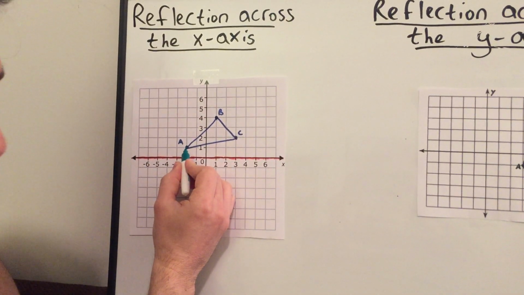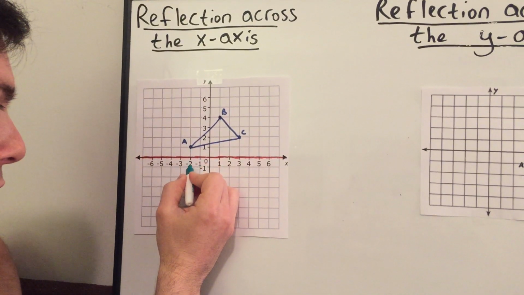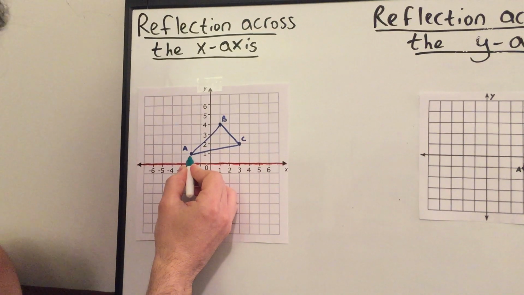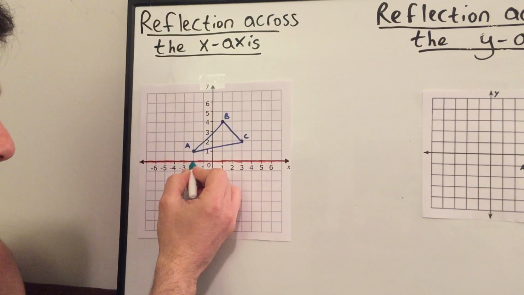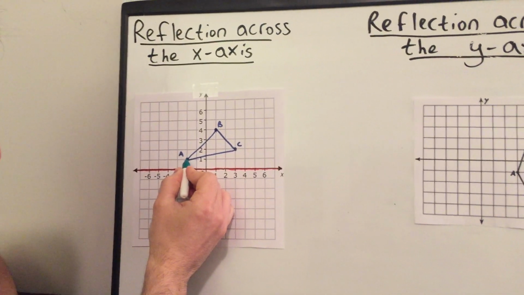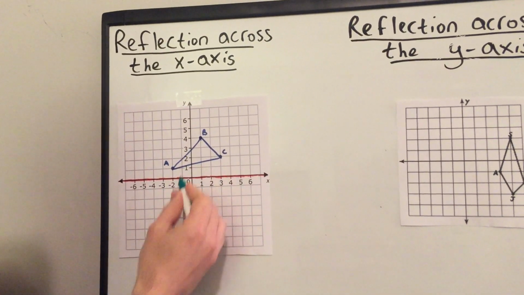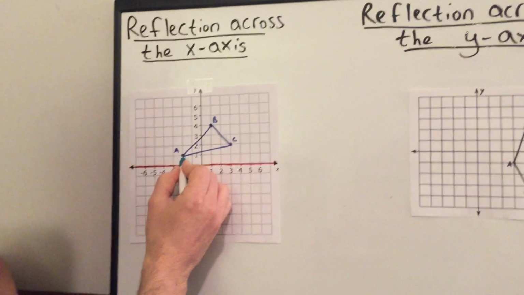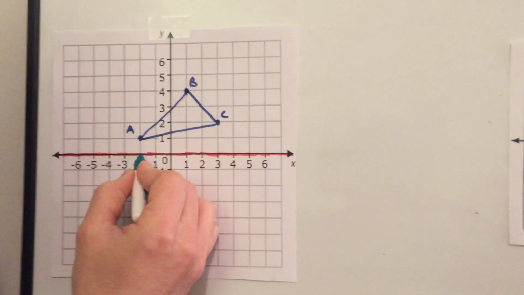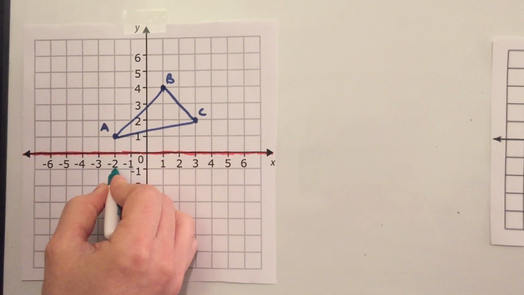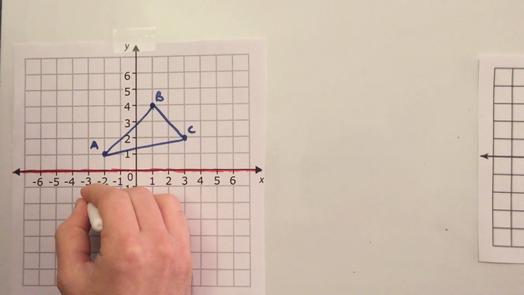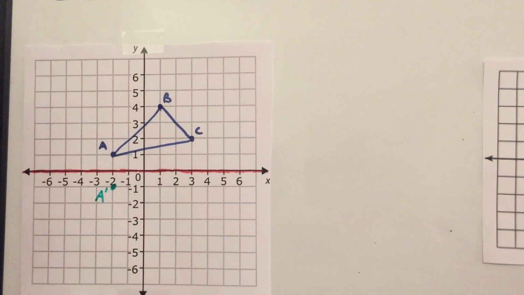I'm going to start with A, and clearly A is located above the -2 on our x-axis where we're reflecting, and I'm just going to see how far A is above this -2. It is clearly 1 above. Now, because this is 1 above, I'm going to go down to my x-axis, and now I'm going to count 1 unit the opposite way. Put a little point, and that is where A prime is going to be located.